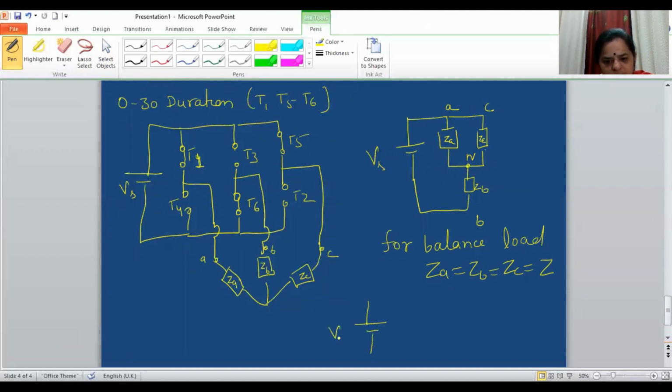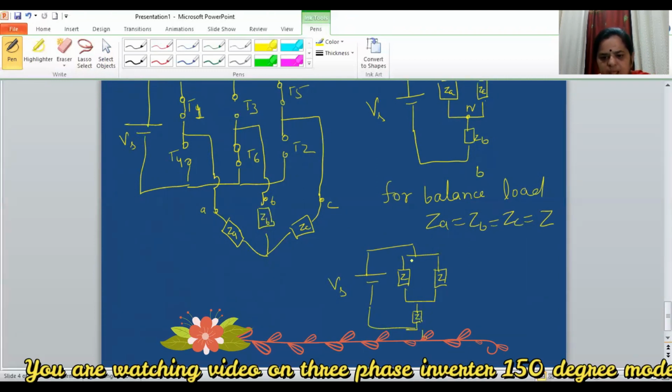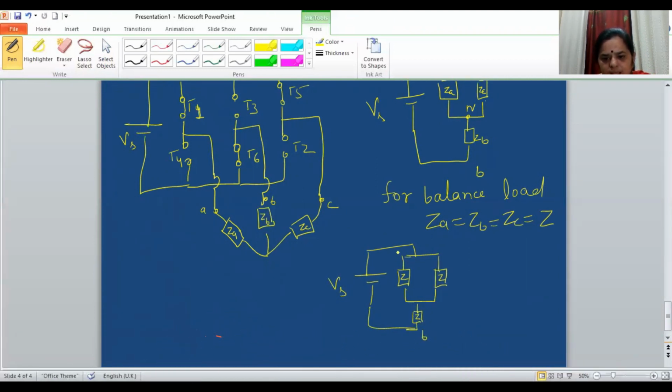This is your Vs, and I can draw like this is Z, this is Z, and these two are short circuited, and this is again Z. Now this is B, this is A, and this is C, and this point is neutral.